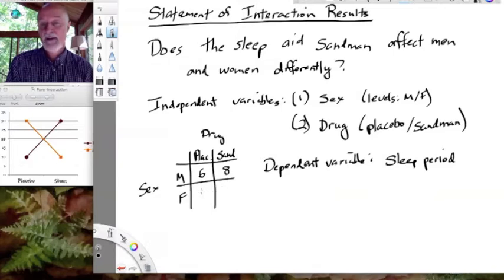Do we have a different number in terms of that transition? Is it just the same plus 2, or maybe it doesn't affect women as much, or vice versa? You know, doesn't matter, but that would be a differential effect of the drug depending upon sex, right? And we would be measuring it by our interaction.